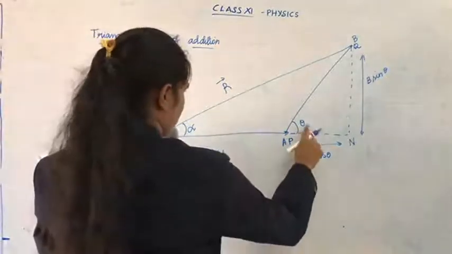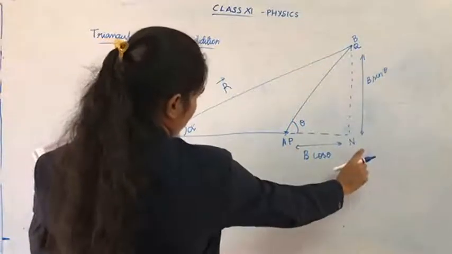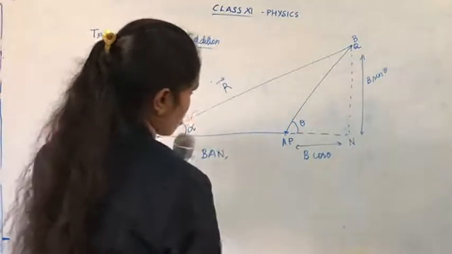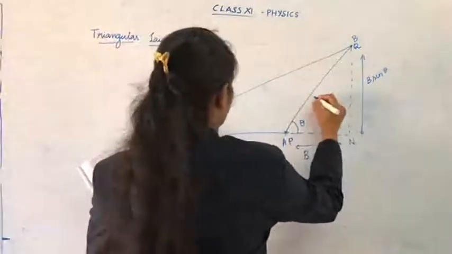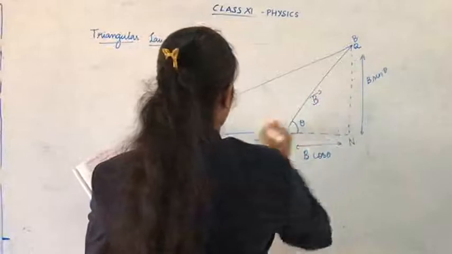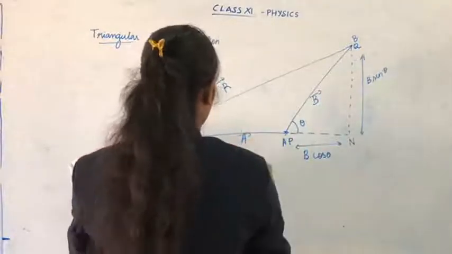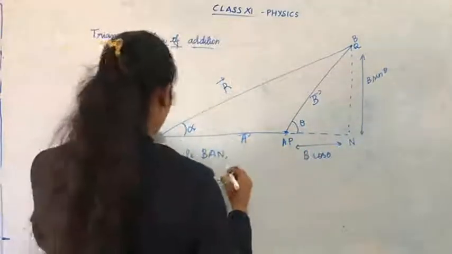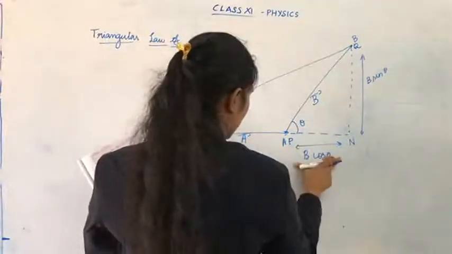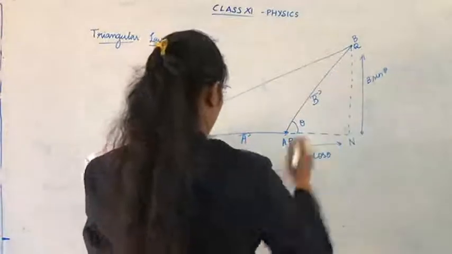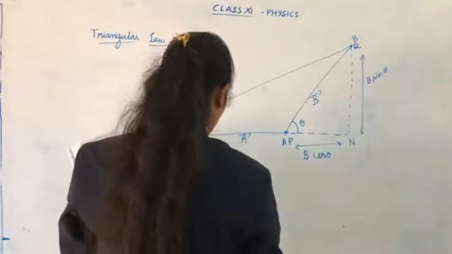What is the adjacent side? AN. And this is the hypotenuse, this is B vector. This is A vector. So adjacent side equal to B cos theta, and hypotenuse is B vector.